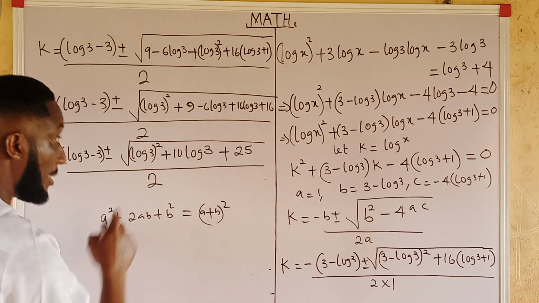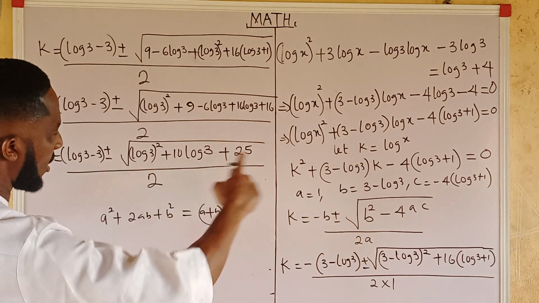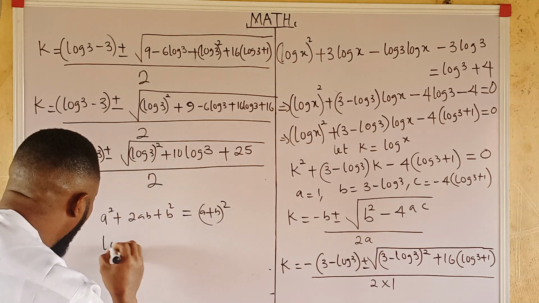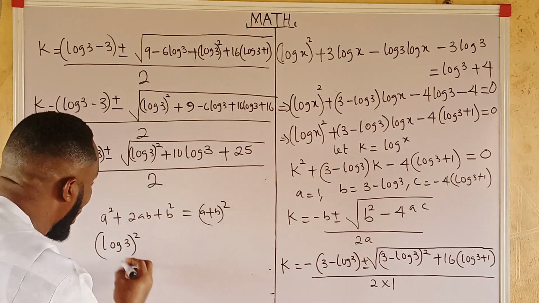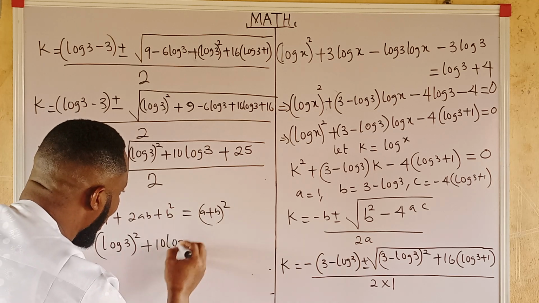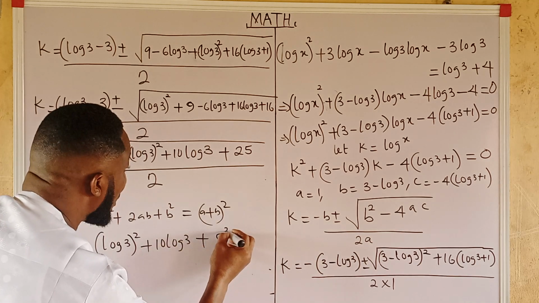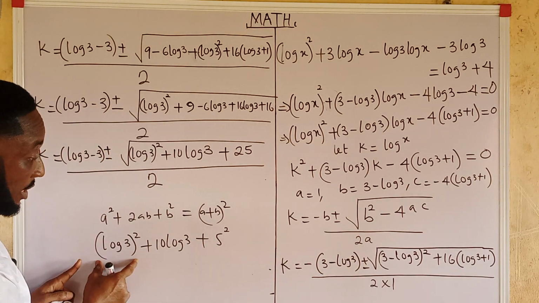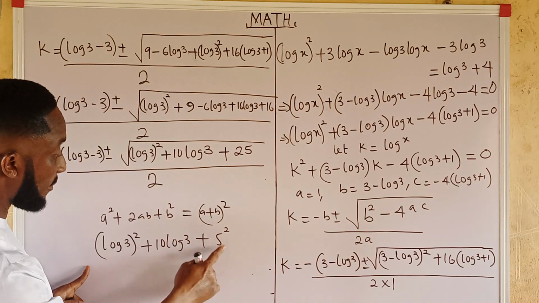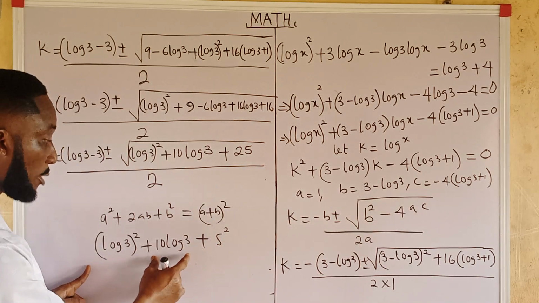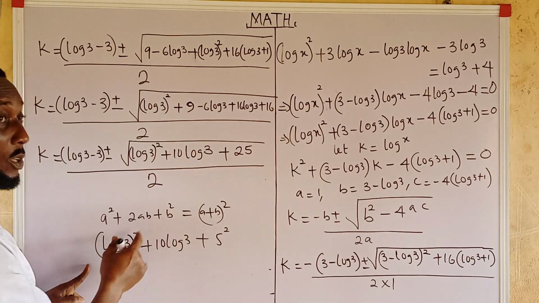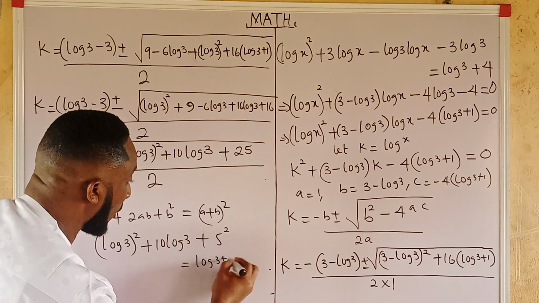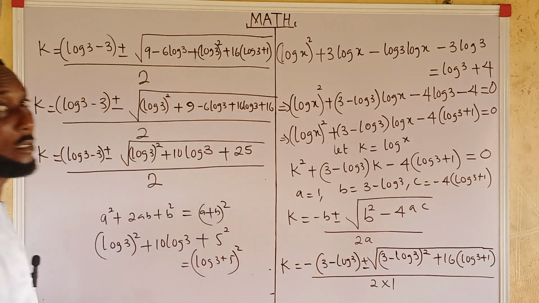So I can write the radicand as (log 3) whole squared plus 10 log 3 plus 5 squared. Because there's a square here and a square here, and if I take log 3 multiplied by 5 multiplied by 2, that will be 10 log 3. So this entire expression is actually (log 3 plus 5) whole squared.